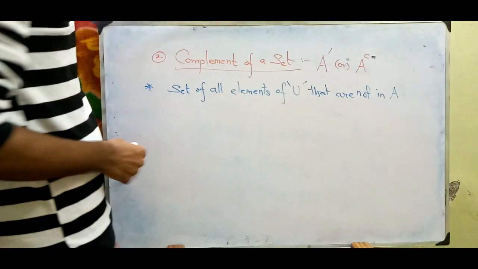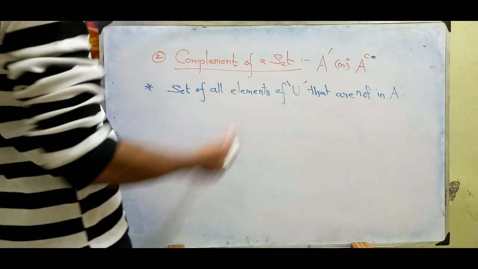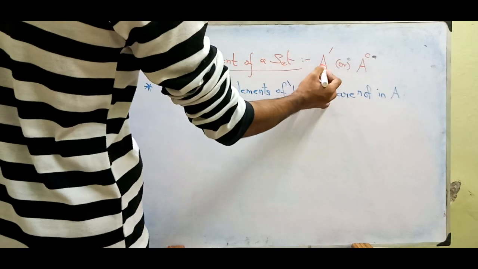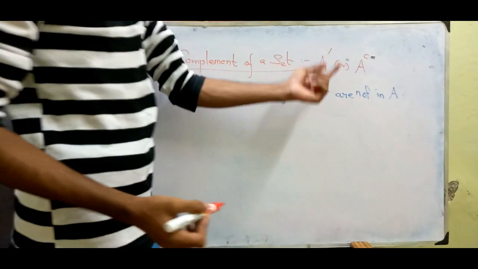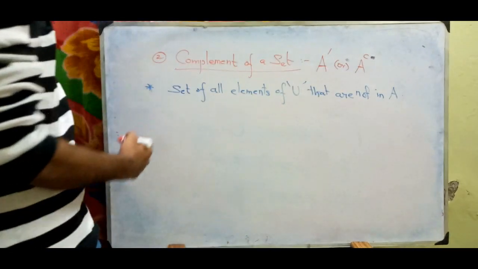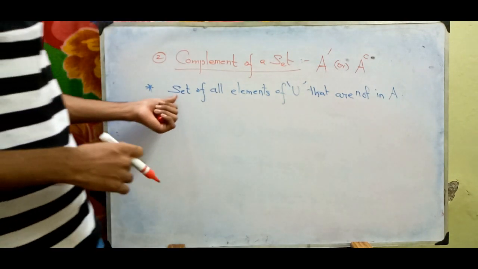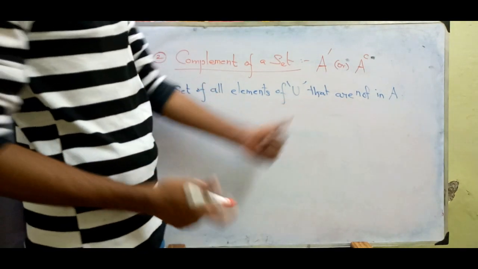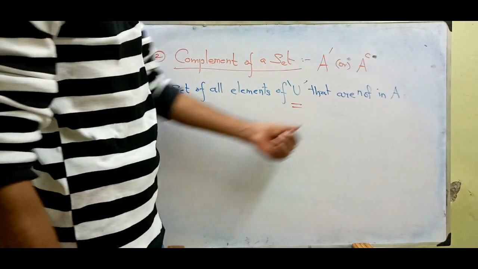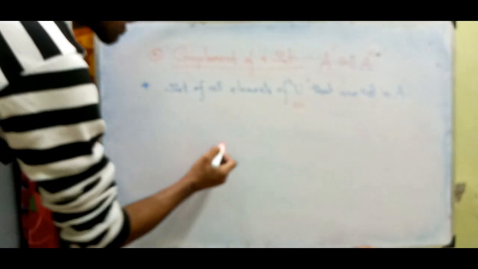Okay, now the second one is the complement of a set. It is either denoted with A dash or A complement. Okay, what does it say? The set of all elements of U, that is the universal set, that are not in A. Okay, so A is some set.